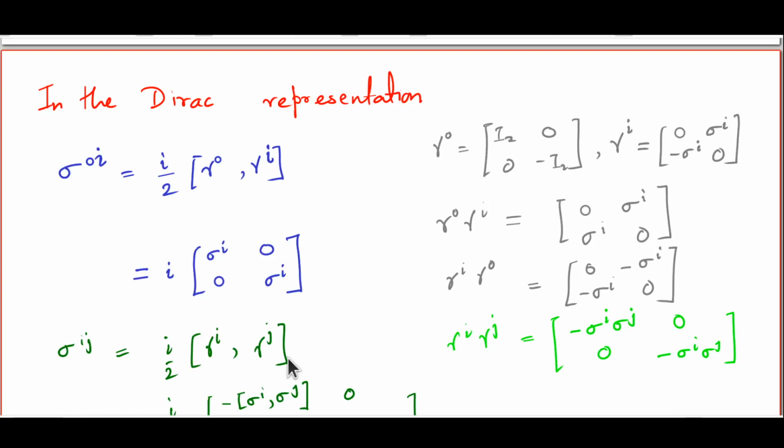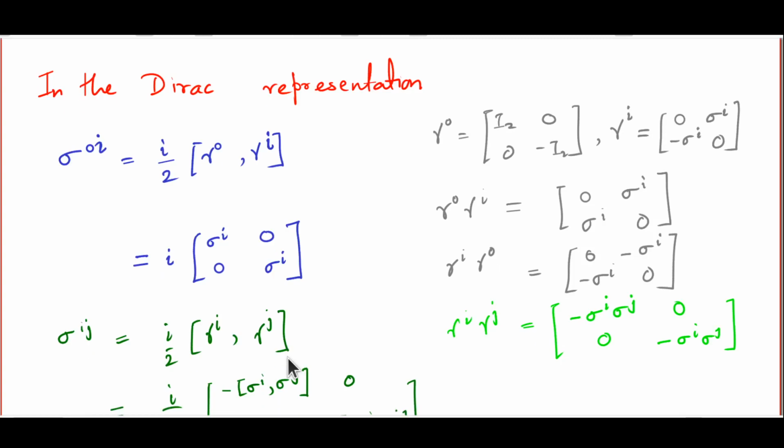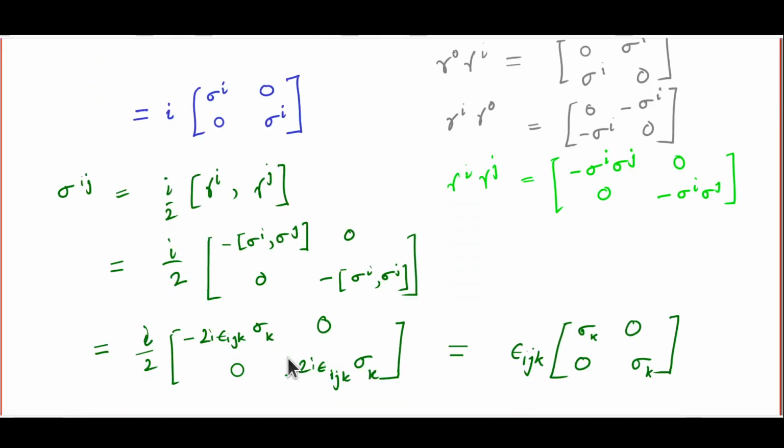So that the commutator of γ^i with γ^j will essentially involve commutators of σ^i with σ^j on the diagonal blocks, and this will immediately give rise to a rather familiar form. The commutator of σ^i with σ^j is of course our familiar result, 2i ε_{ijk} σ^k. And using the i/2 in front, we see that the σ^{ij}s are almost like the spin half generators of rotation.